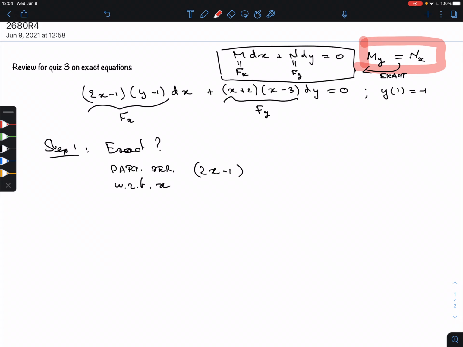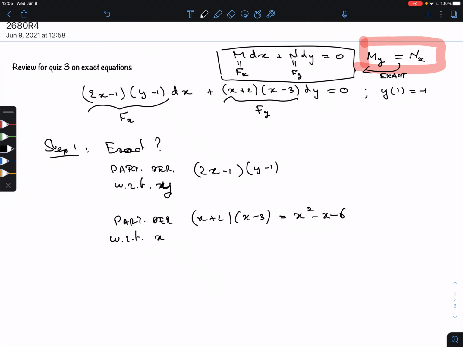In order to do that, I have to take the partial derivative with respect to y of the first guy, and I also have to take the partial derivative with respect to x of the second guy, x plus 2 times x minus 3, which, by the way, let's expand this: x squared minus x minus 6. If you don't see the expansion right away, just do it on a piece of paper, stop the video, and then come back.